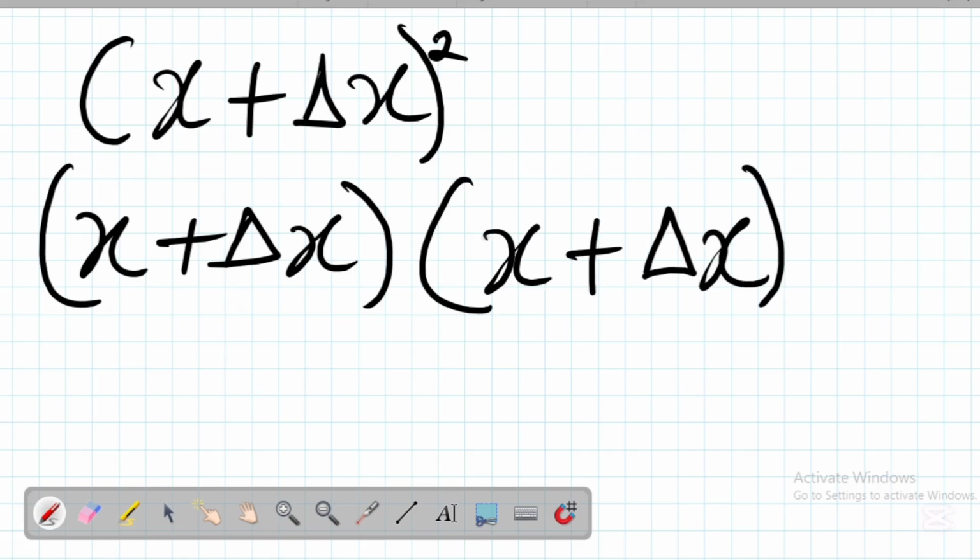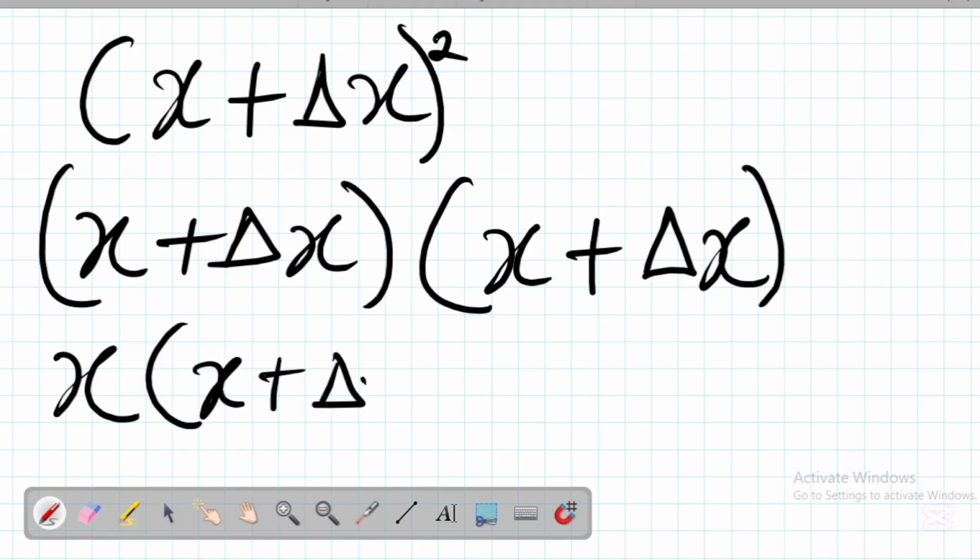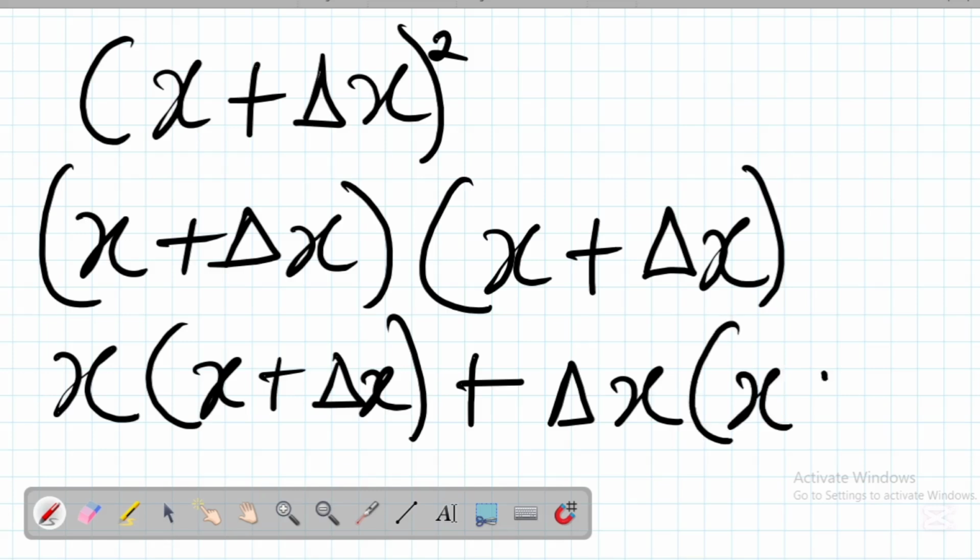Now our next task is to multiply all the terms in the second bracket using each of the terms in the first bracket. So we have x multiplied by (x plus change in x) plus change in x multiplied by (x plus change in x).